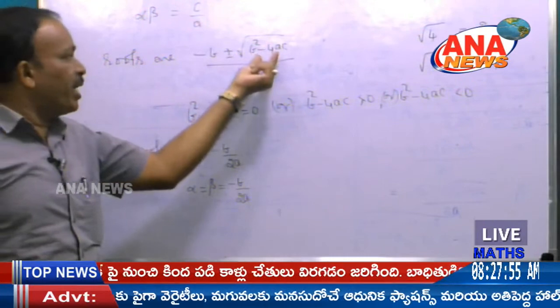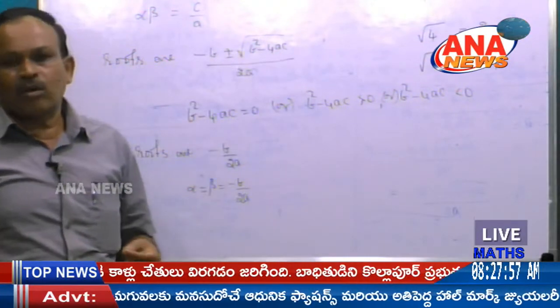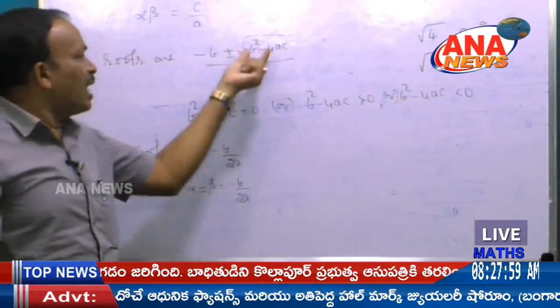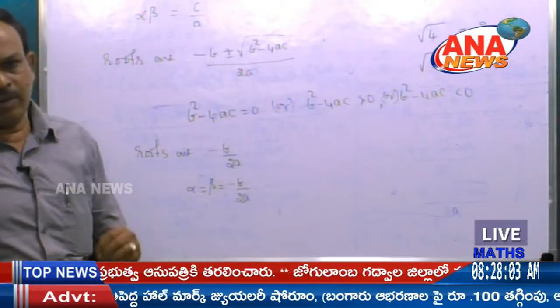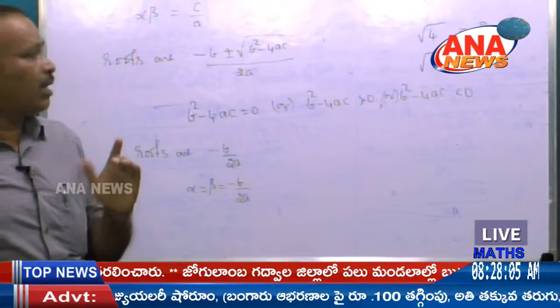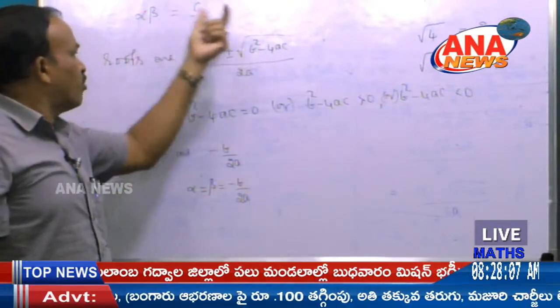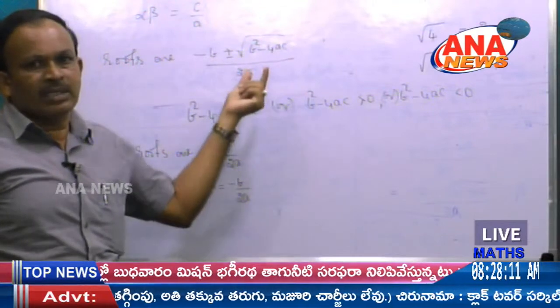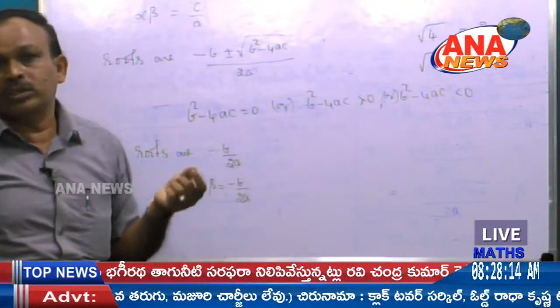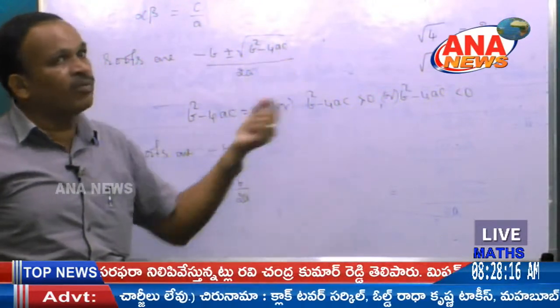This b square minus 4ac is called the discriminant. It has its own name. Discriminant, because the roots' values depend on the root over b square minus 4ac.